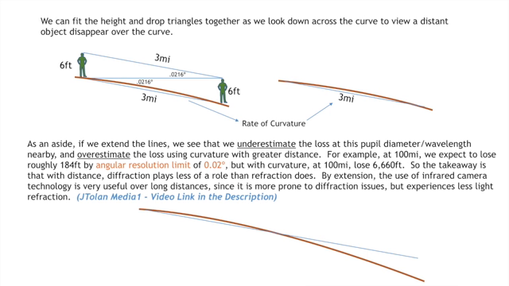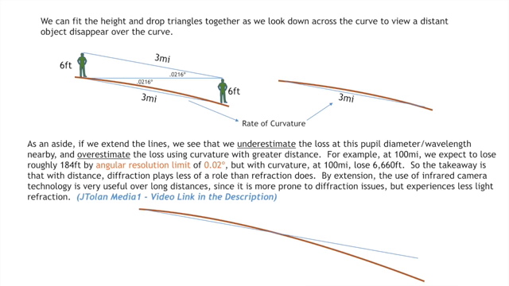And the second one is the loss of information that person would be granted across that 3-mile distance.